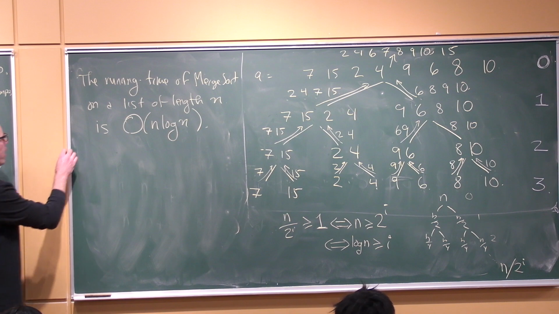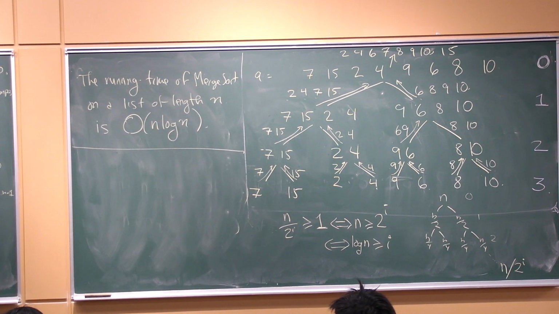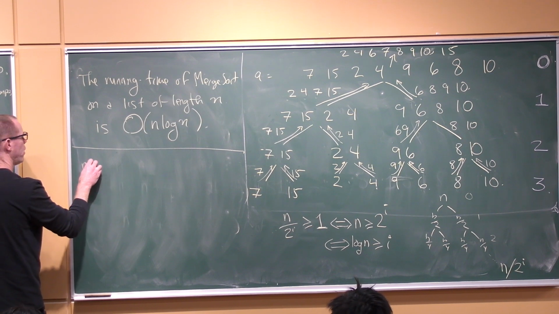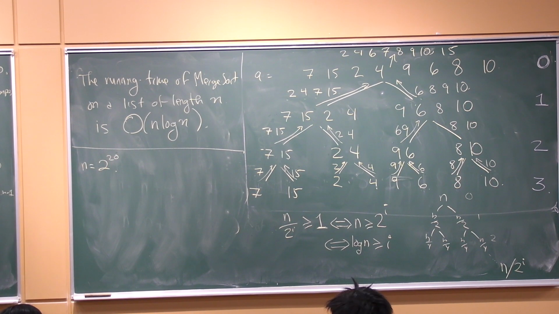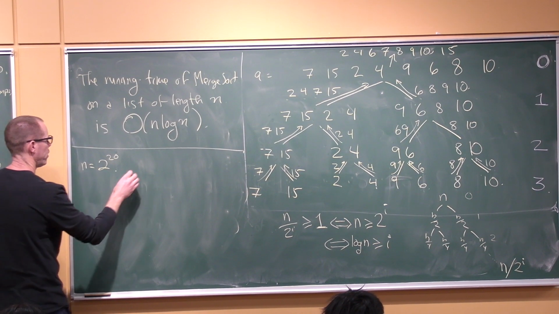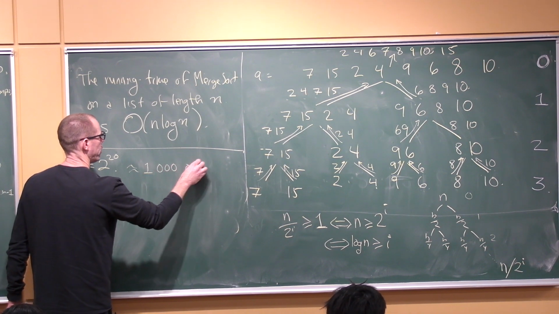And what does that look like? Well, if you take n is 2 to the 20, that's approximately 1 million.